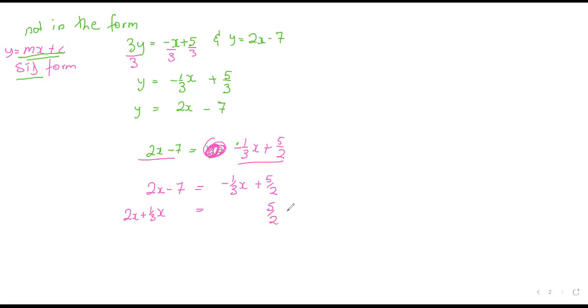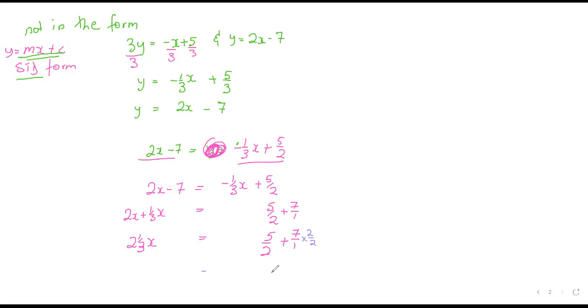Transposing the minus 7 becomes 7 over 1 there. 2 plus 1/3 is 2/3. It's 2 and a 1/3. X is equal to, this can be written as 5 over 2 plus 7 over 1. But so that we have the same thing, we multiply by 1, 2 over 2 is the same as 1.